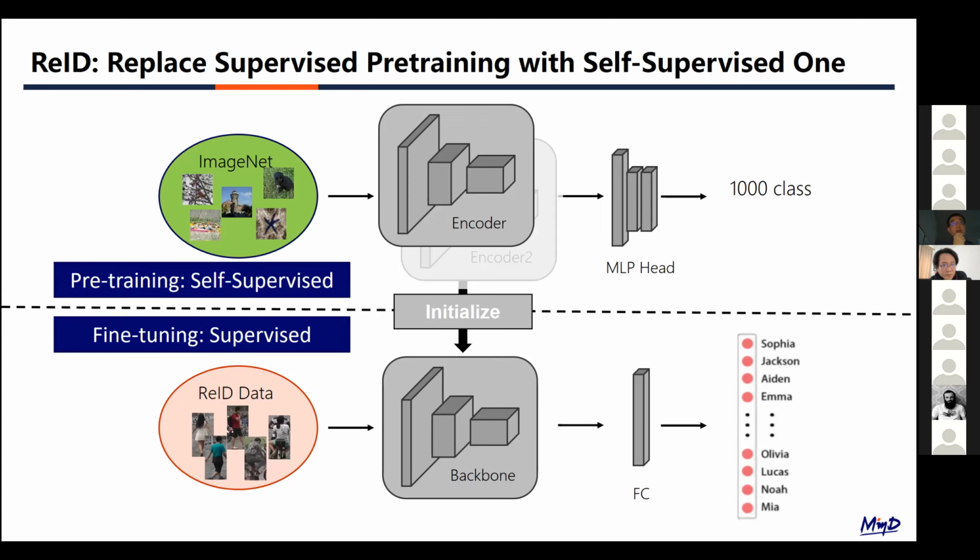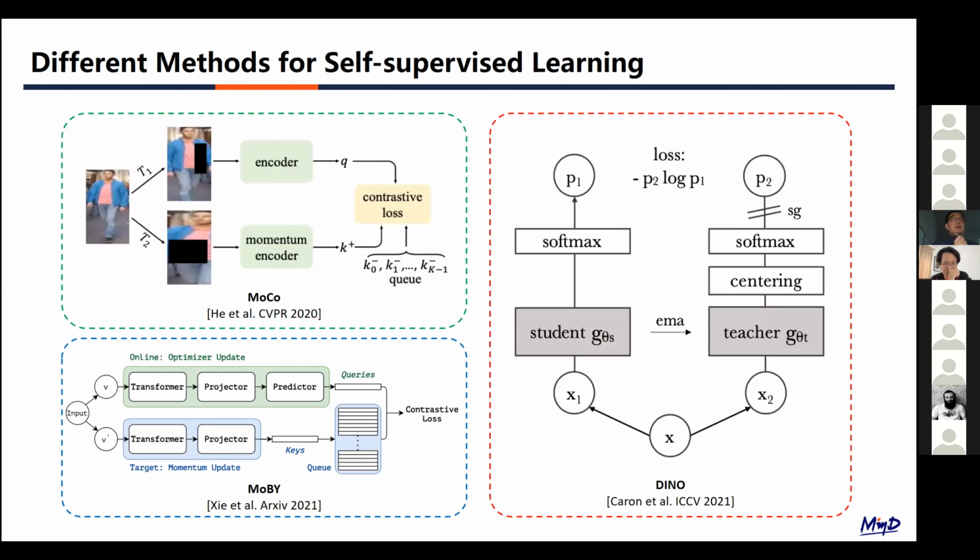Then our first effort is to replace the supervised pre-training with an unsupervised one, which is the self-supervised learning method. We know there are a number of different self-supervised learning methods explored in various articles. Here we list three representative ones: MoCo, MoB, and Dino.